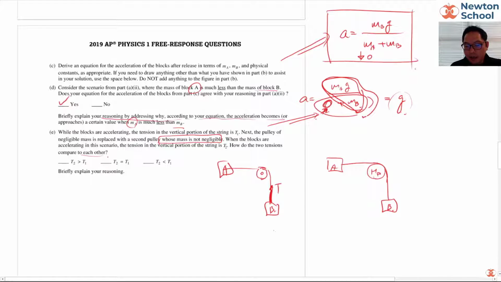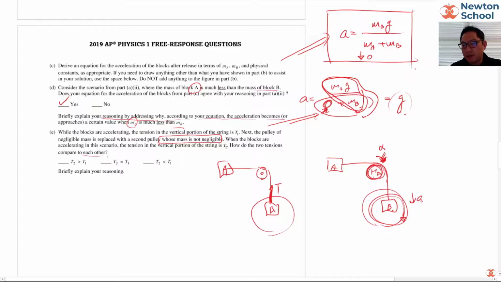All right, let's think about what happened to mass B. Now you actually have to use the force of gravity on B to rotate the pulley. And remember, if you want to accelerate downward, you also require alpha for the massive pulley.